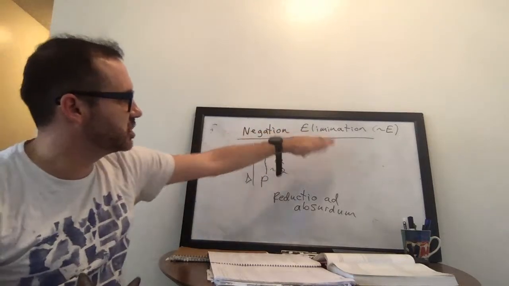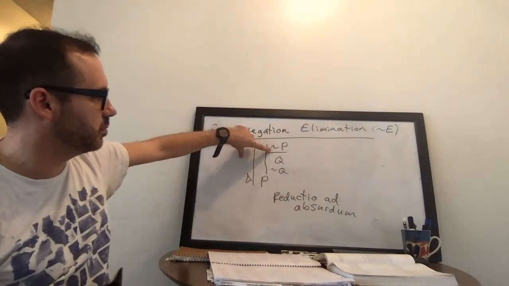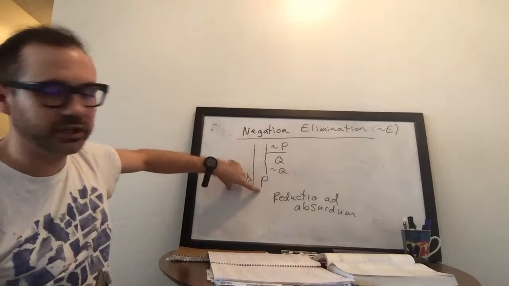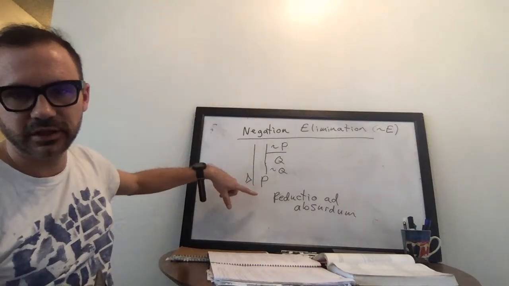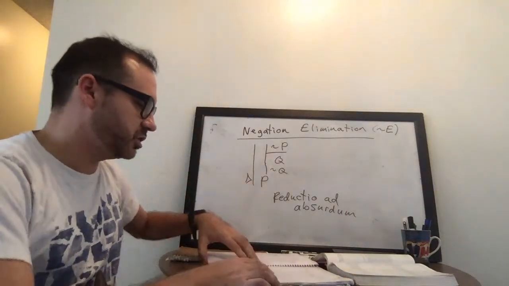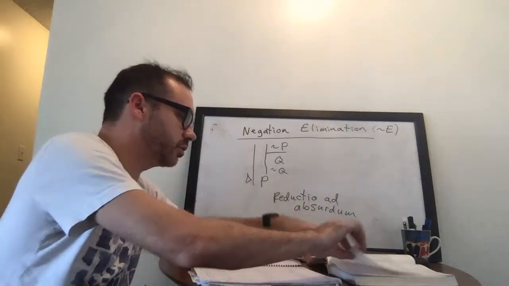We call it negation elimination because the initial assumption is going to be negation of something. And the conclusion reached on the basis of the rule is going to be the unnegated version of the statement. Okay? So let me show you one example of how this kind of works.